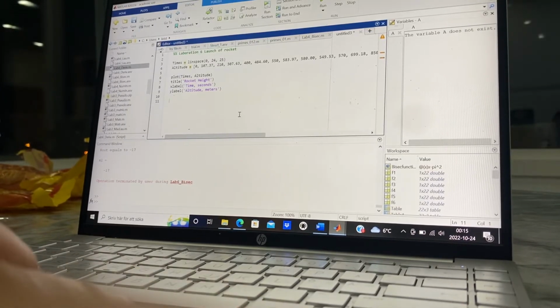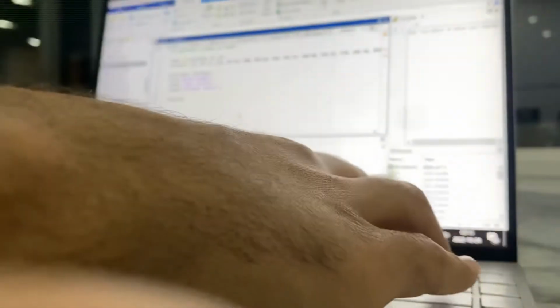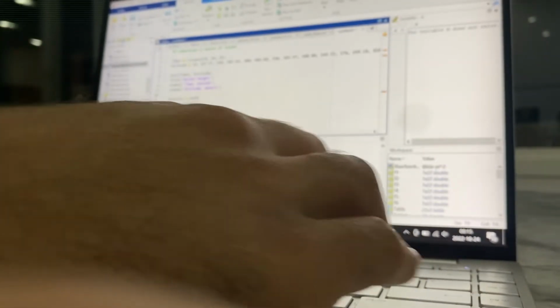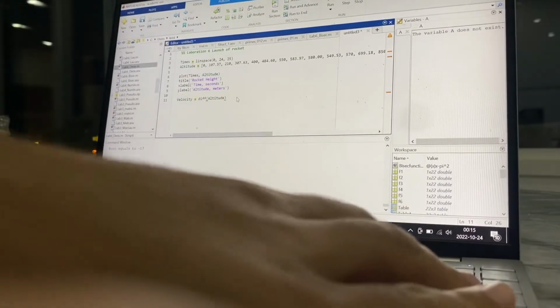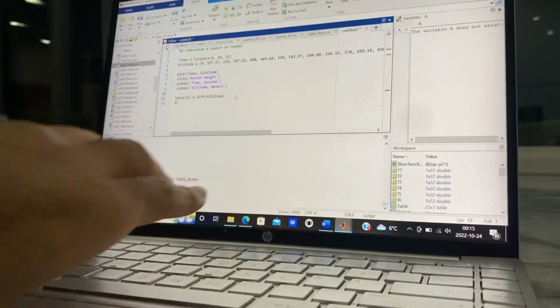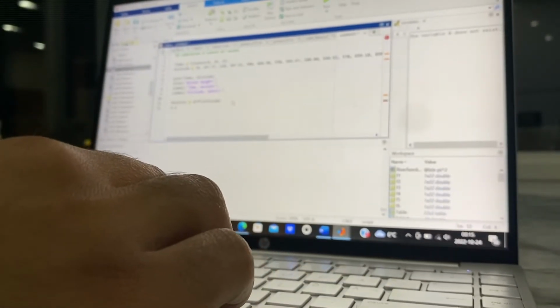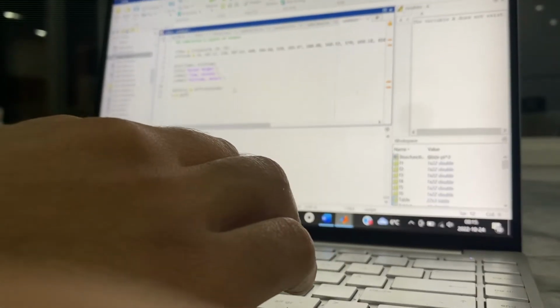So I'm gonna do velocity equals diff of altitude, and I'm gonna call this A. I'm gonna call diff velocity A. Difference in velocity.